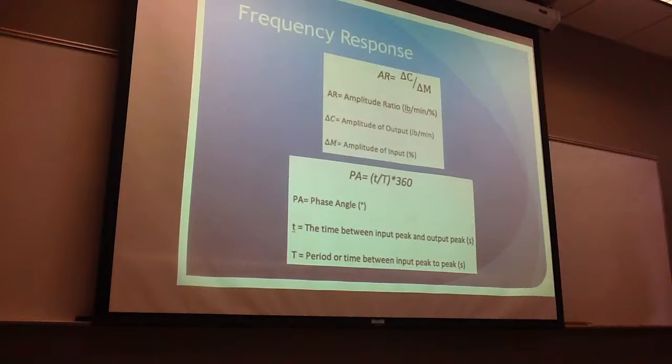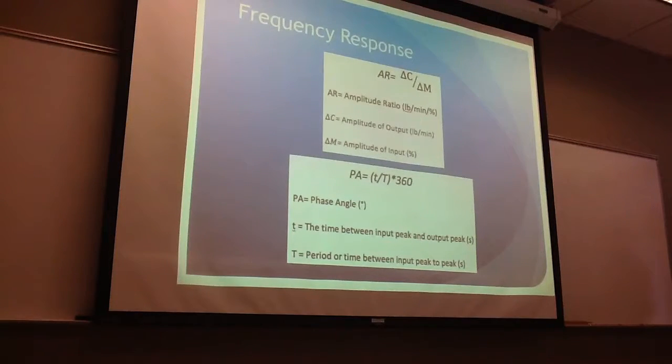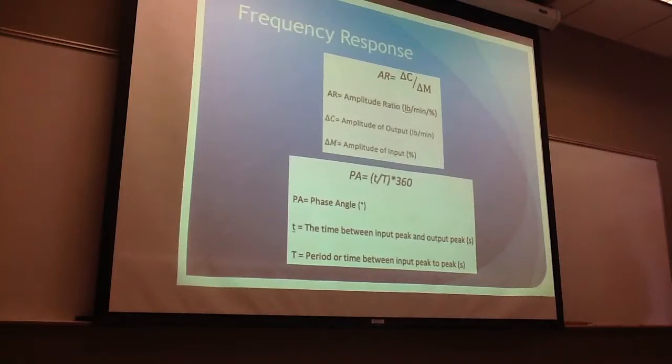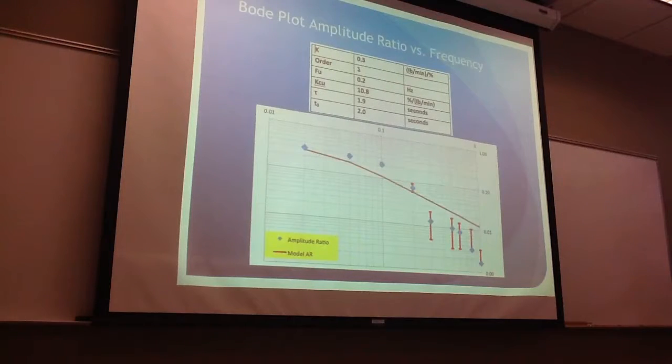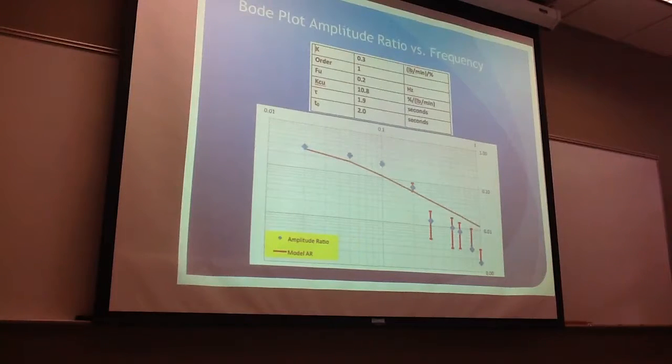The amplitude ratio is the amplitude output over the amplitude input, in percent per pound per minute, and the phase angle is the time between the input peak time and output peak time, divided by the time between the peak times, times 360.